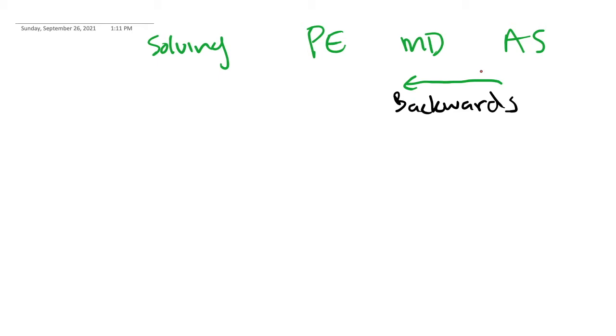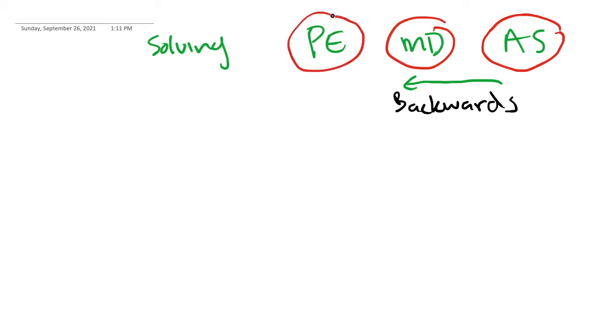We just don't really talk about it in this way usually. Most of my teachers never really explained this directly. When you're calculating, adding and subtracting, you do PEMDAS. When you're doing the opposite, when you're solving for a variable, you do it backwards. So I'm going to see, is there any addition or subtraction first? Then is there any multiplying or dividing? Then on the rare occasion in geometry, is there an exponent or parentheses?